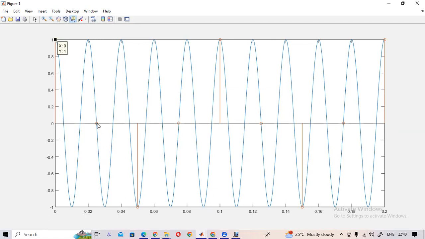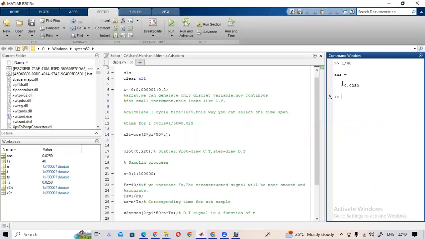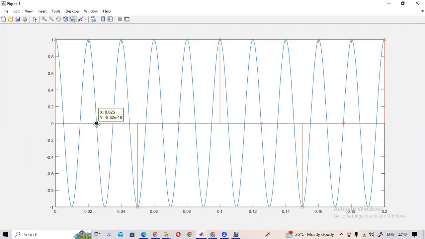This should be the second sample, at 0.025, exactly after the sampling time. The next sample is at 0.05, again after 0.025, and this will be the next sample.